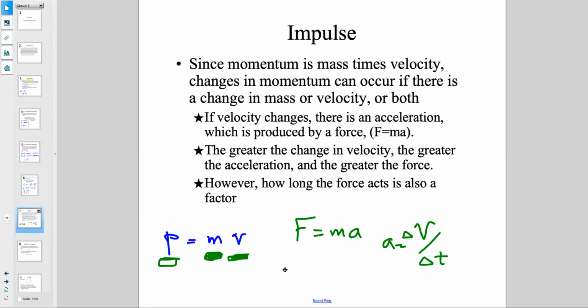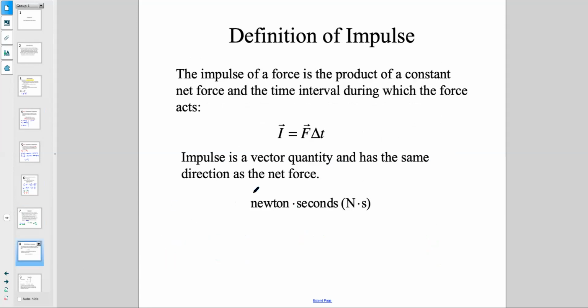So the impulse of this force is also directly related to how long, or the timing of the force. Now if you're looking at this, you are applying a force of F over a time of delta t. If you multiply these two, they will give you the impulse.